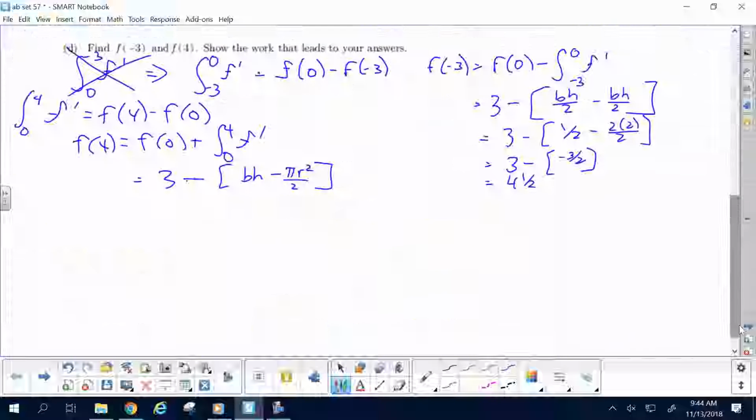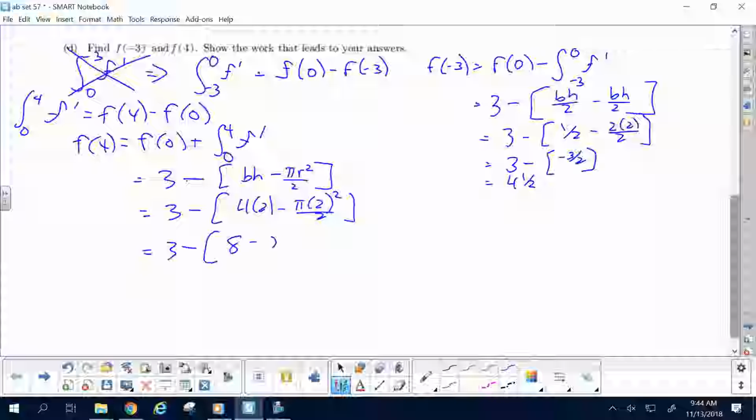Okay. So 3 minus 4 by 2 minus pi times 2 squared over 2. It's 3 minus 8 minus 2 pi. Did you win? Did you get negative 5 plus 2 pi? That's it. That one had a bit of a gotcha component to it.